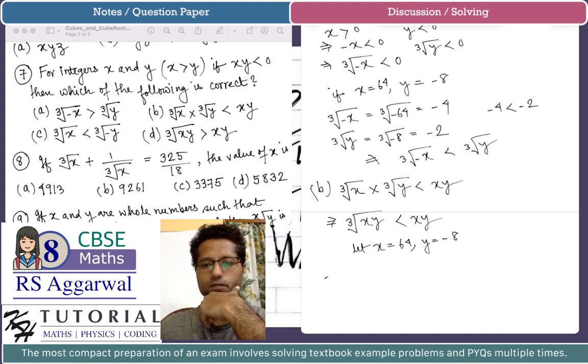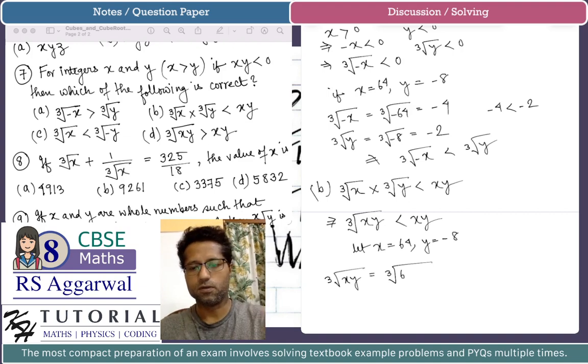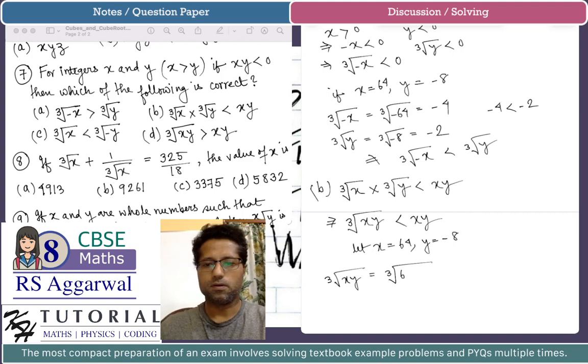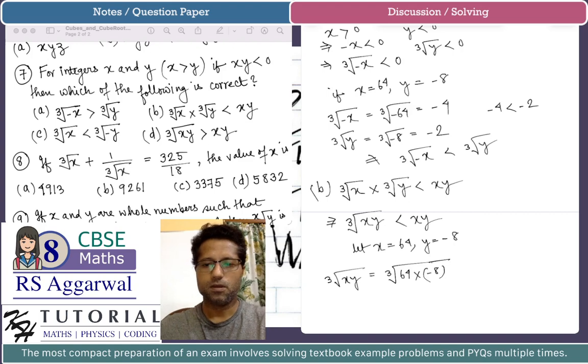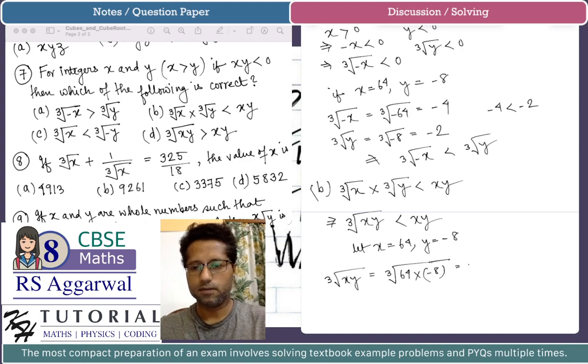So cube root of x into y, where x is 64 and y is minus 8, is equal to, we know that cube root of 64 is 4 and cube root of minus 8 is minus 2.